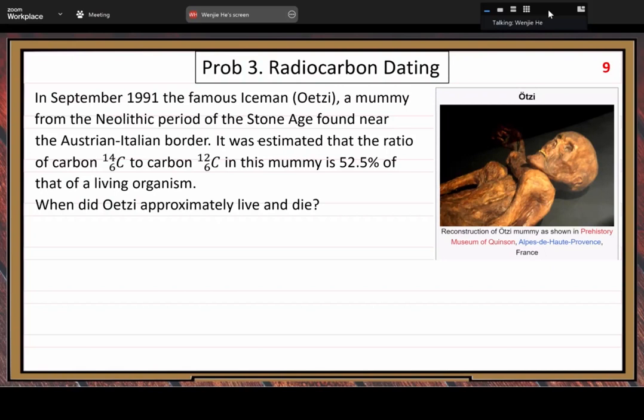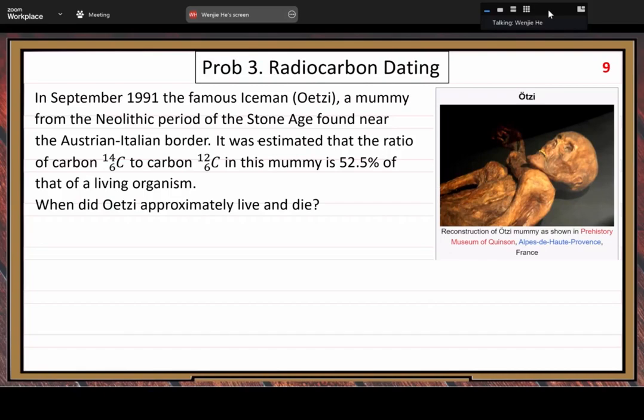We need to estimate, but sorry, one important number should be given. Do you know which one? In order to calculate and do the estimate, we need to know some important number about carbon-14, a radioactive substance: the half-life. The half-life of carbon-14 should be given.